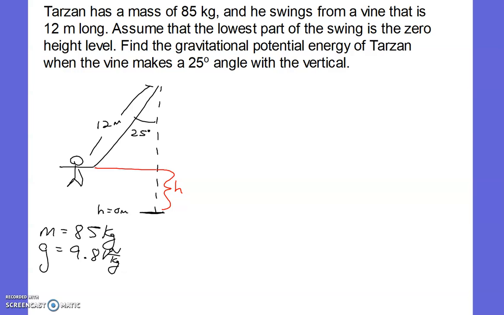Well, the first thing I'm going to do is use trigonometry to solve for this length here. I'll call this length y. To do so, we're going to use SOH CAH TOA.